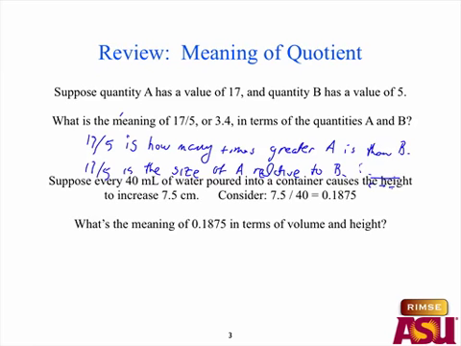You're saying if I knew the height, I could figure out what the volume was. So if I have an amount of volume, I could calculate the height how? At 7.5 centimeters, it's like 40 milliliters, so you can calculate assuming that scale.